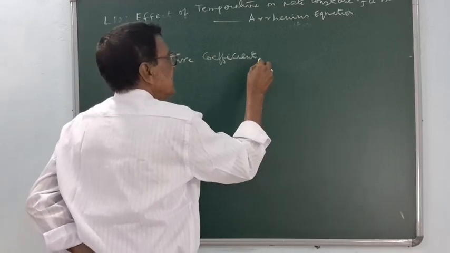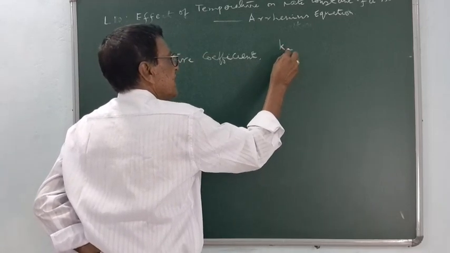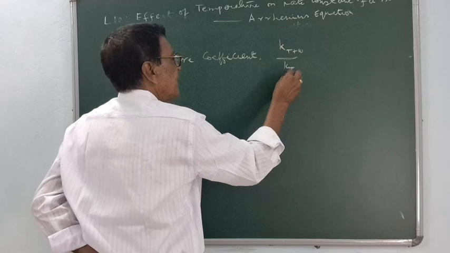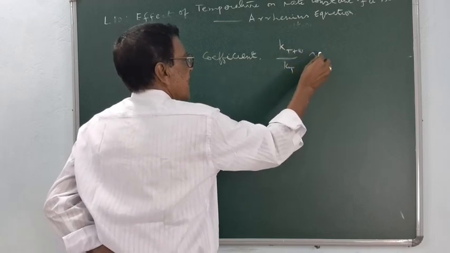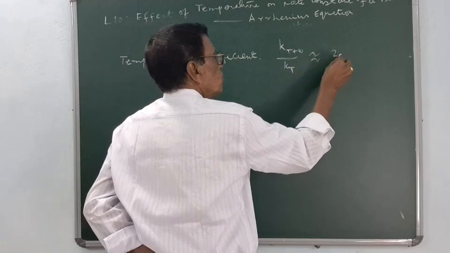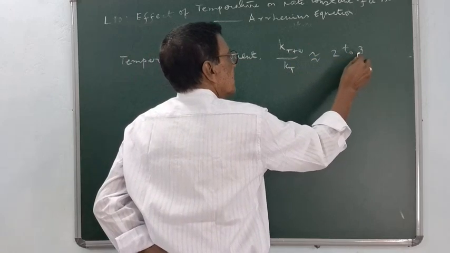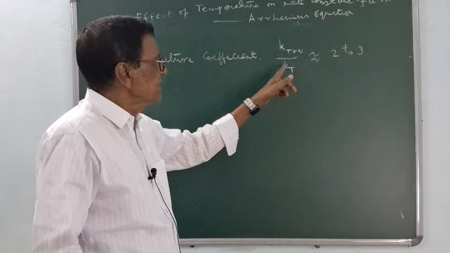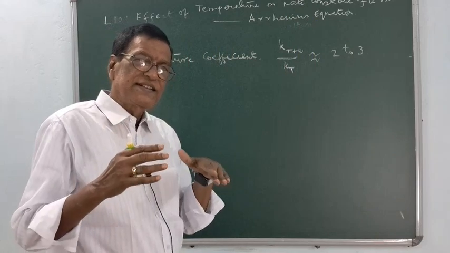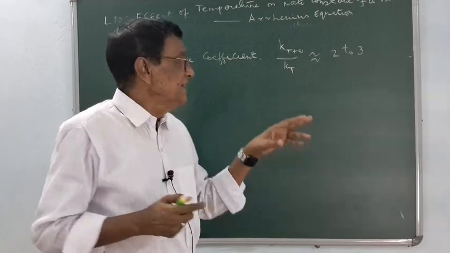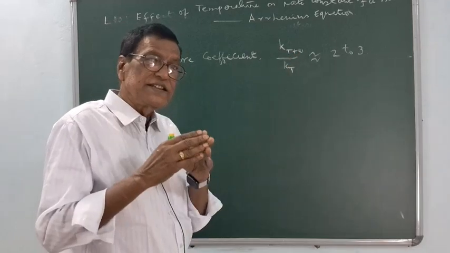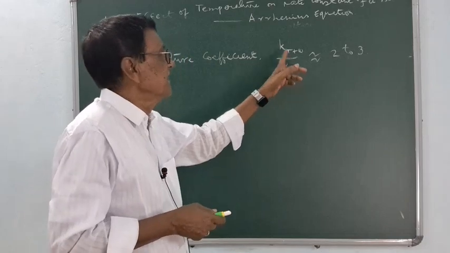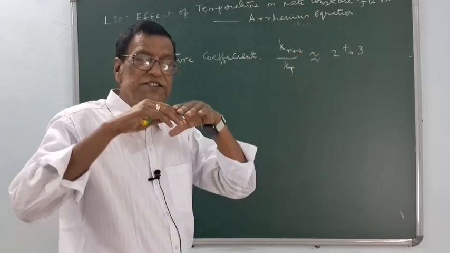Temperature coefficient is denoted as K(T+10) divided by K(T), and it is approximately 2 to 3. Kt is the rate constant of this reaction at temperature T. K(T+10) is the rate constant of the same reaction at a temperature T plus 10, it means 10 degrees more.